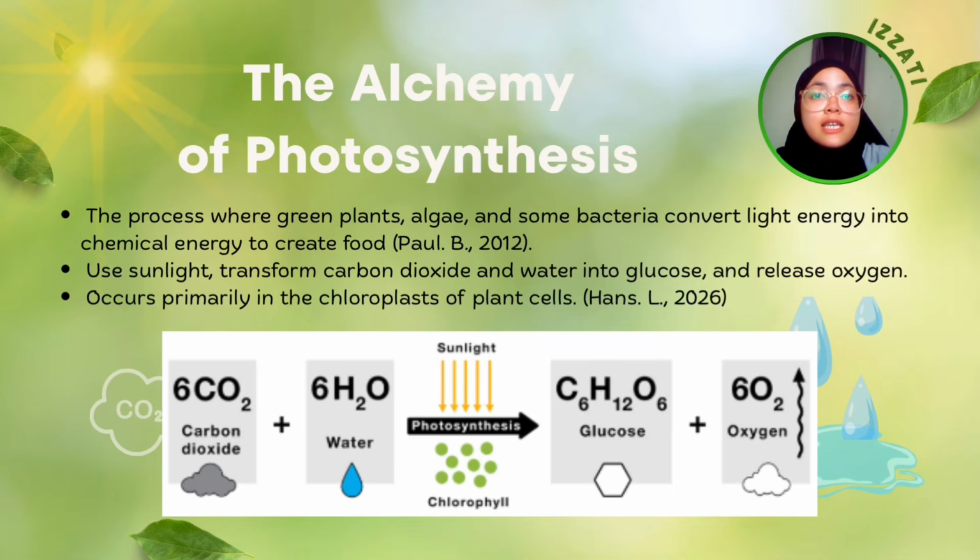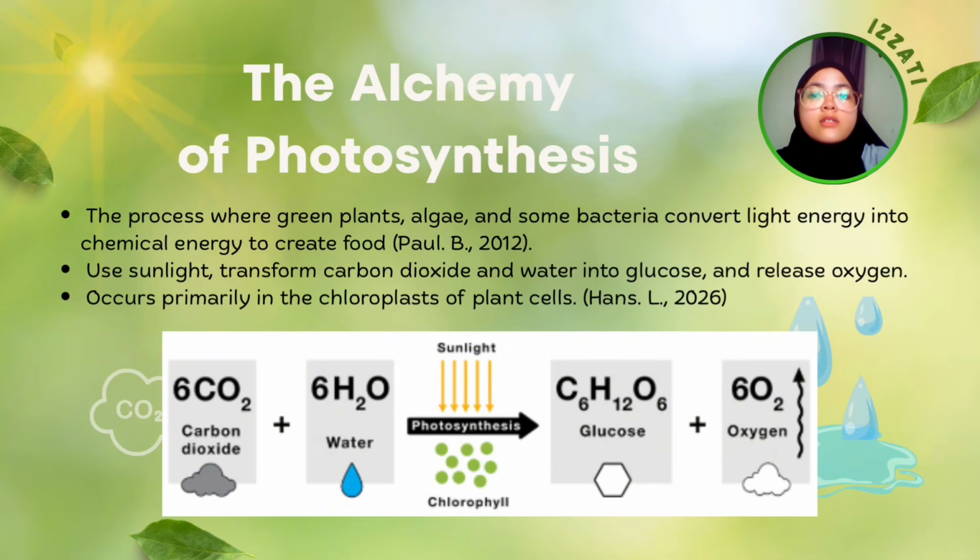According to research by James Allen in 2026, this complex chemical magic does not just happen everywhere. It occurs primarily within specialized structures called chloroplasts inside the plant cells. If we look at the chemical equation displayed at the bottom of the slide, we can see this balance beautifully laid out: the reactants, the catalyst, and the product.